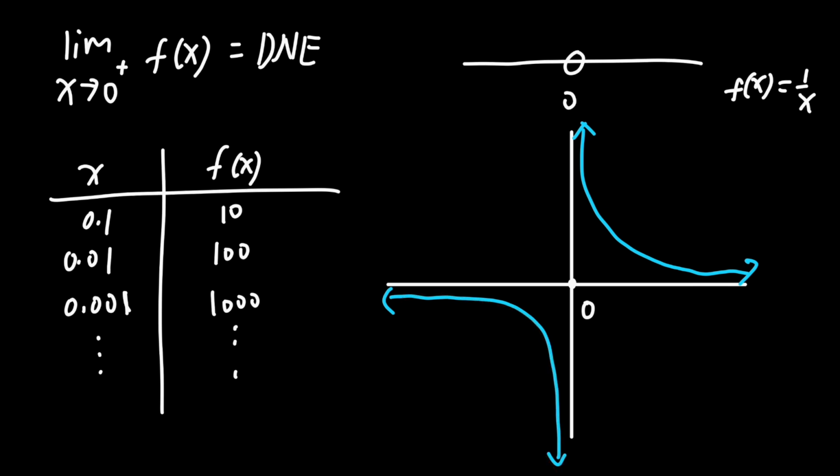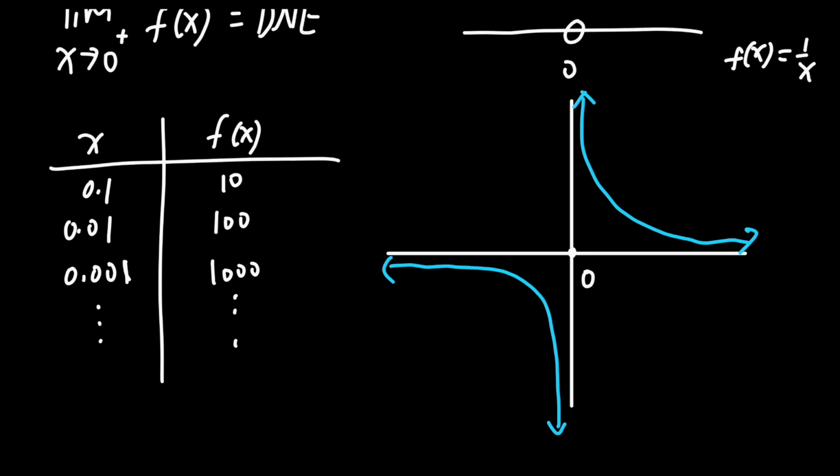And it never stops. For the limit from the right-hand side, even though it goes towards this 0, the graph shows us it goes up and never stops. So it goes to infinity. Then we can say the limit does not exist. Right? Let's conclude this.